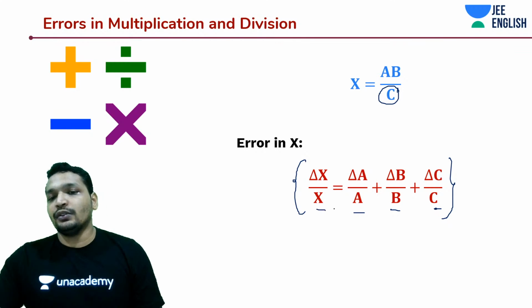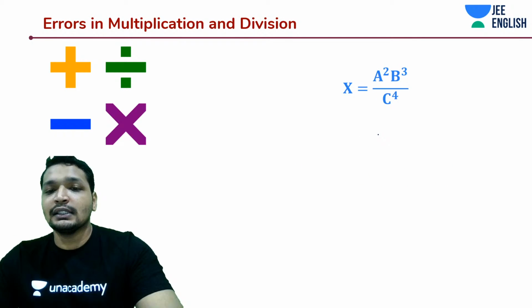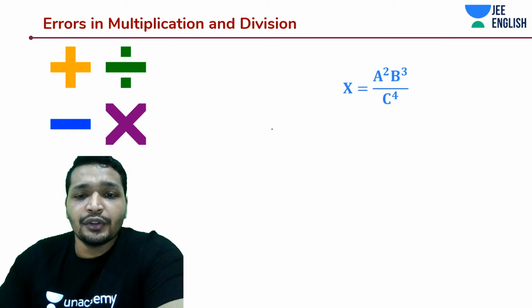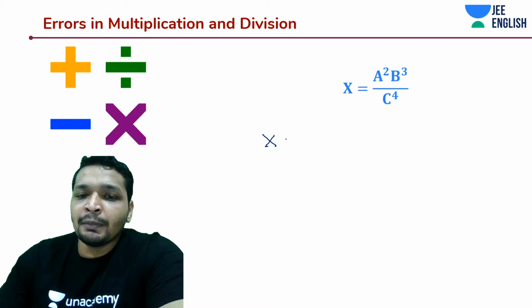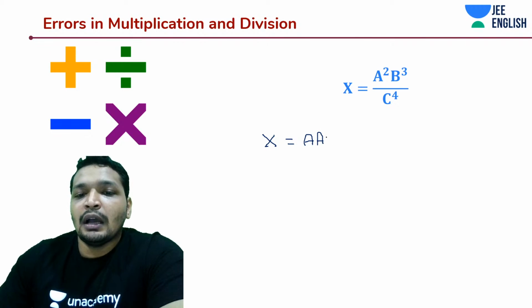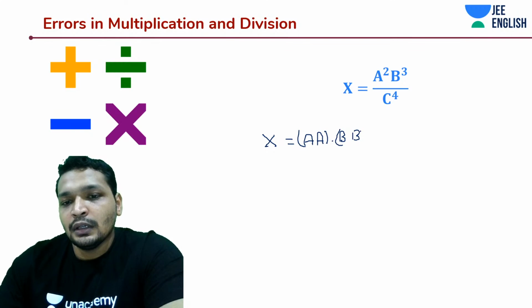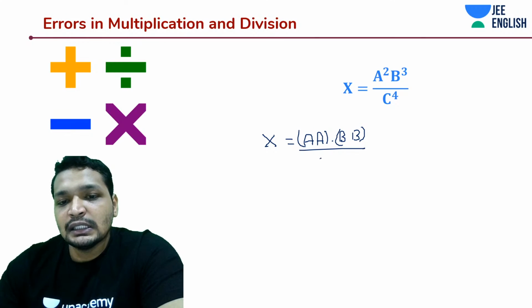Delta x is the error, right? Now I'm asking you, what is the error in this case? How are you going to do this? You can apply log, but you already know the equation. I'm going to write it as a into a into b into b divided by c into c. Same thing, right?